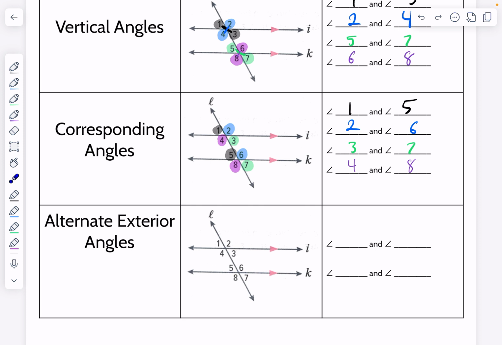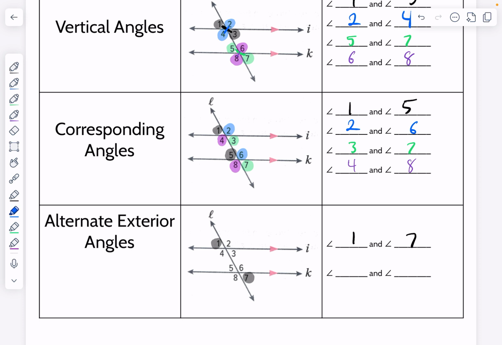The alternate means on opposite sides. So if we were to have angle 1, the alternate exterior angle would be angle 7. Those are pairs, 1 and 7. That also means they're equal.